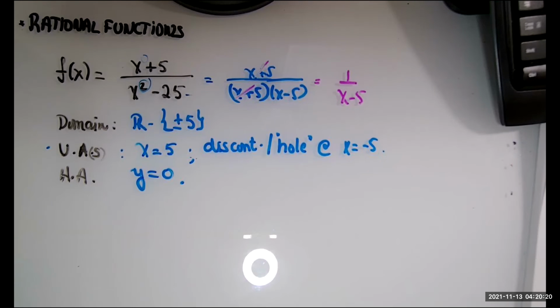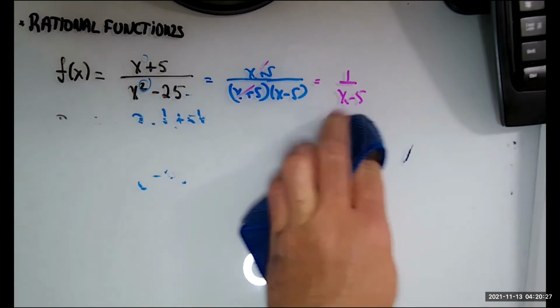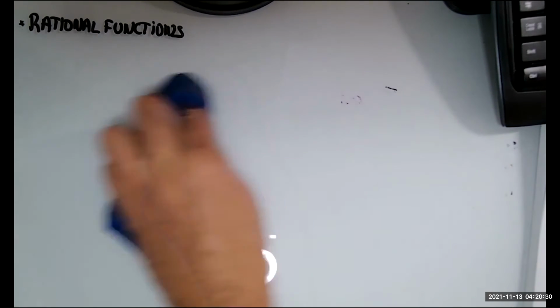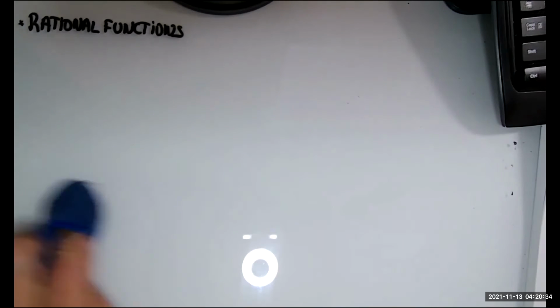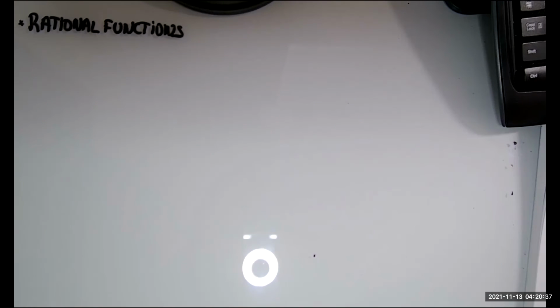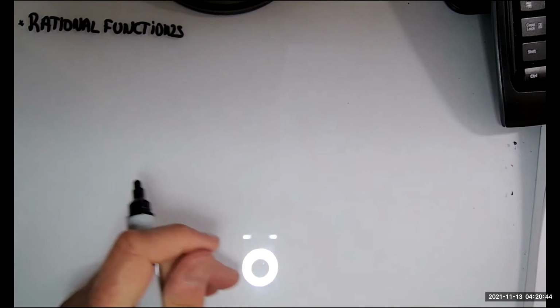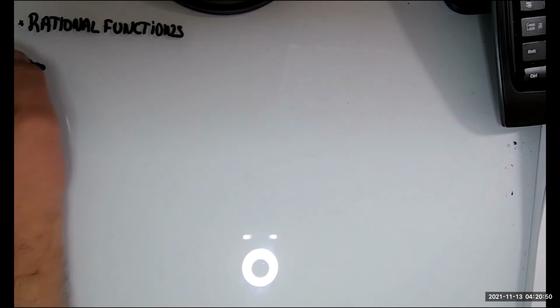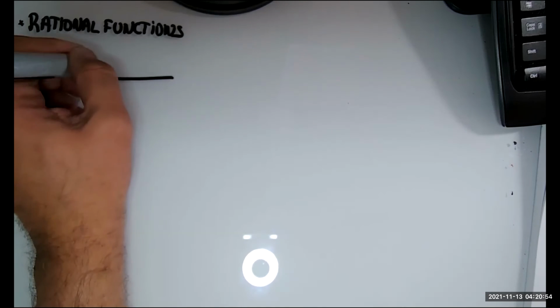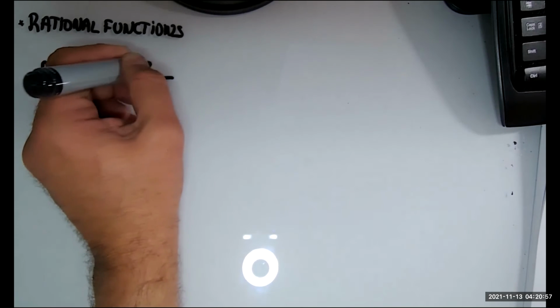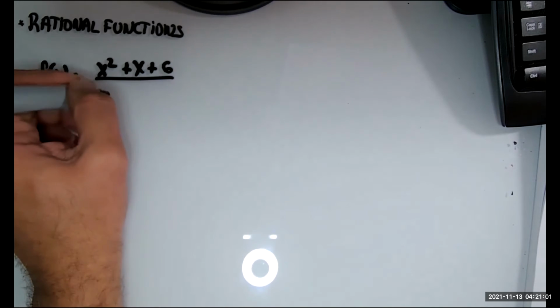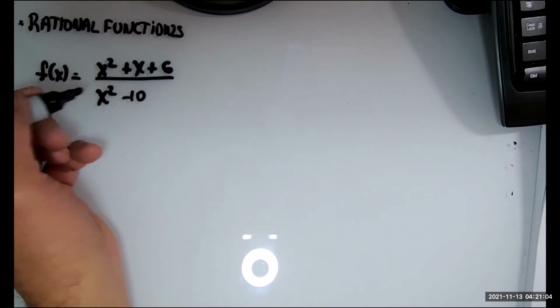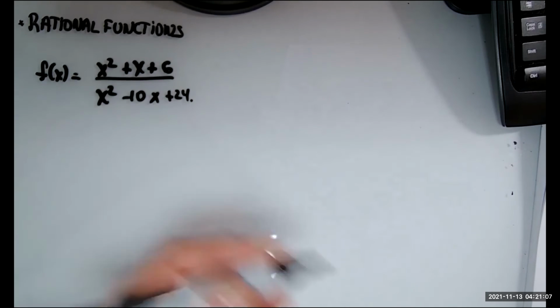Let's try a second example. What if I have x squared plus x plus 6 over x squared minus 10x plus 24?